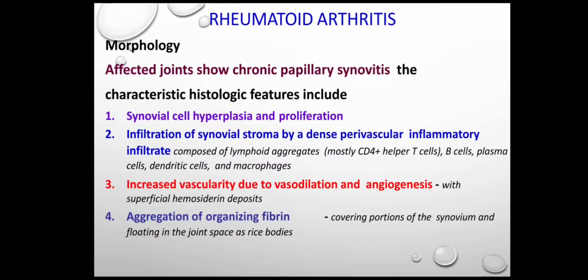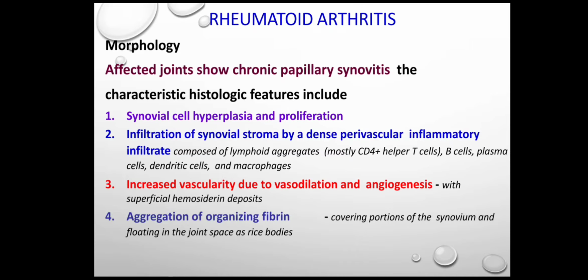So first will be synovial cell hyperplasia and proliferation. Synovium is the lining of the joint space, so that will increase in layers and proliferate. Second is infiltration of synovial stroma by a dense perivascular inflammatory infiltrate. So lymphocytes are the main cells, and lymphoid aggregates will be there.